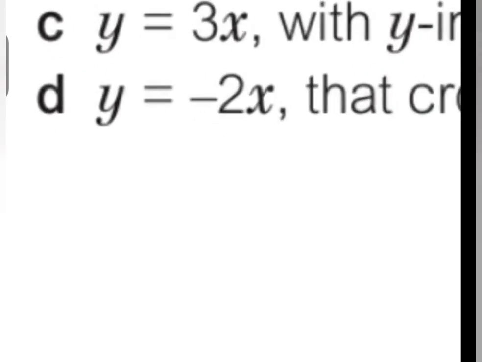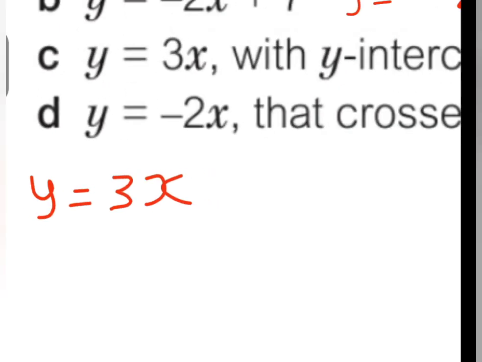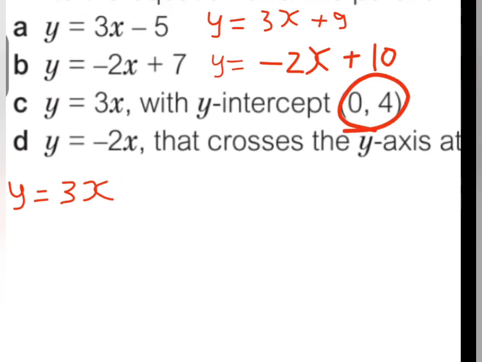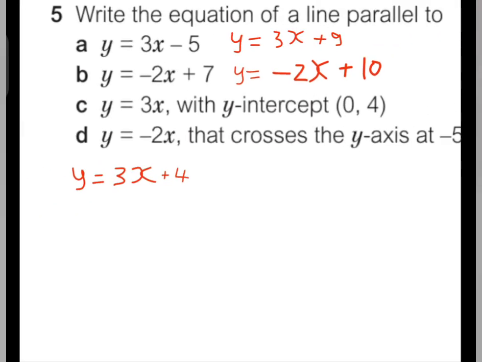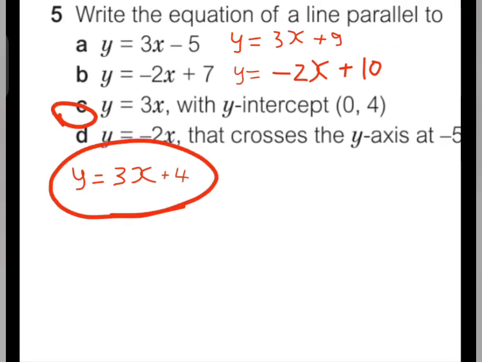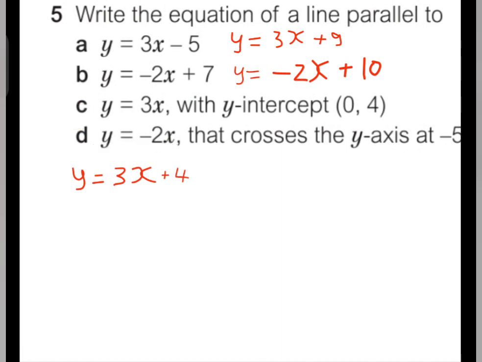We say y equals 3x, and then we write the y-intercept, which is plus 4. In that way, this equation is parallel to this one. We wrote the equation as the rule said, in which we use the y-intercept plus 4.